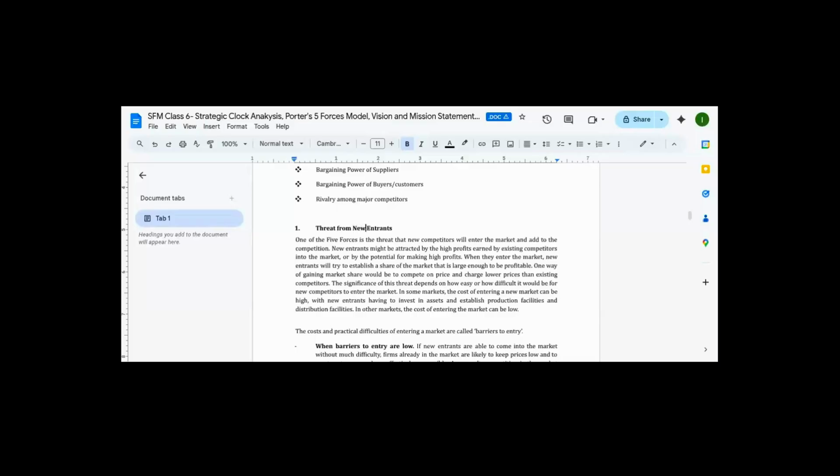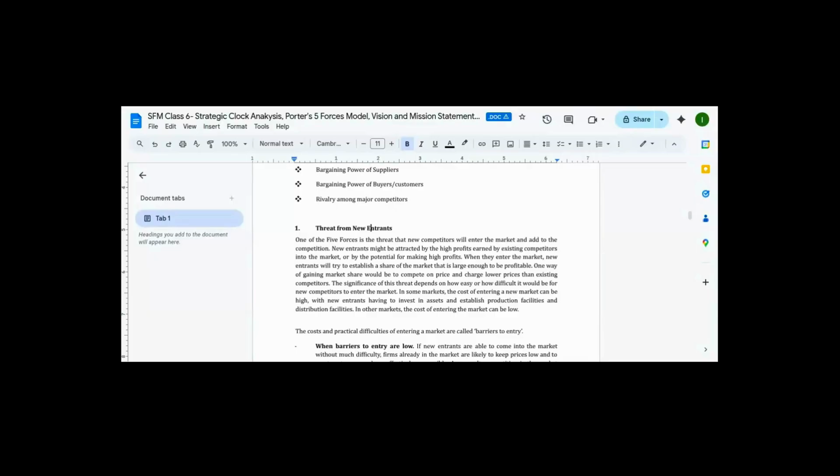So threats from new entrants. The new entrants are potential competitors. Put it down. That's the name of a new entrant: potential competitors, prospective competitors. Those are companies that presently are not operating or selling in the market, but they want to be members of that market or industry.